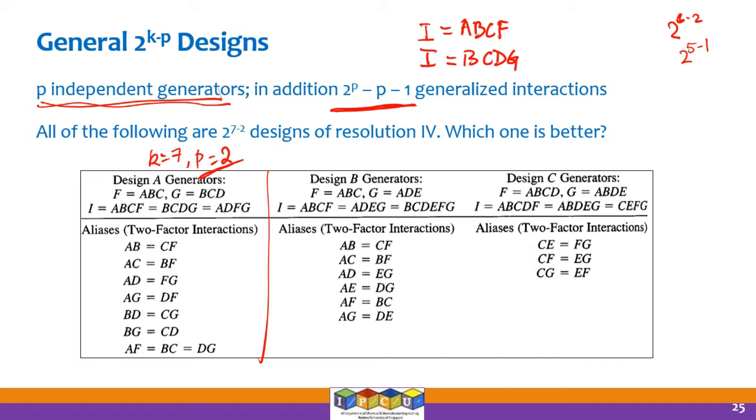You need 2 design generators. In other words, they are saying F is equal to A, B, C. I'm going to generate column F using the entries in the A, B, C columns, and I'm going to generate the settings for the G column using B, C, D. So these are the 2 basic generators.